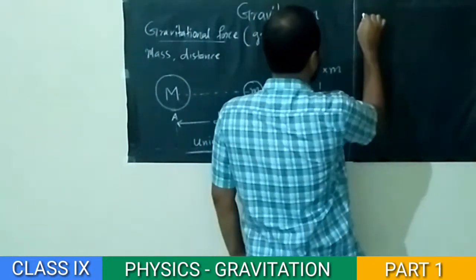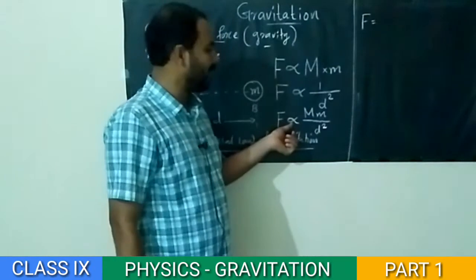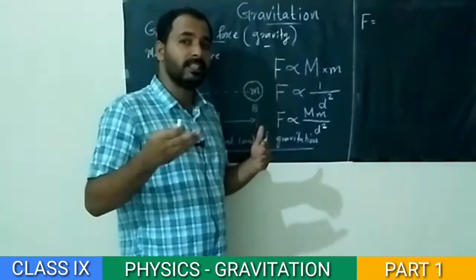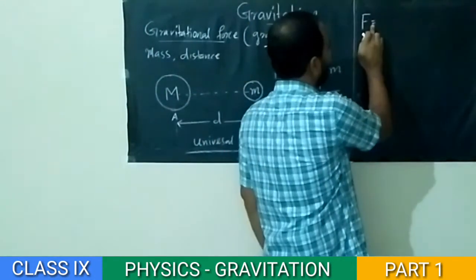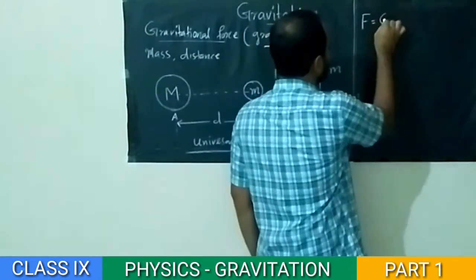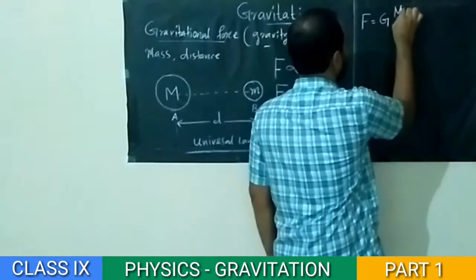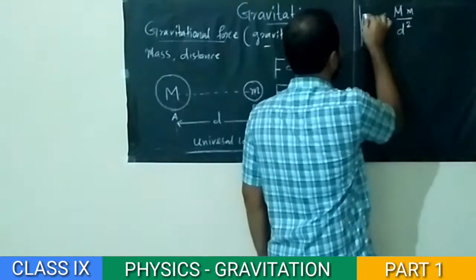If we change the proportionality sign into equals, F is equal to G times M m divided by d square.